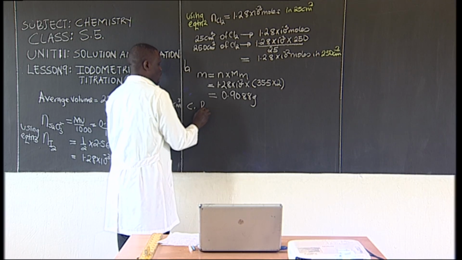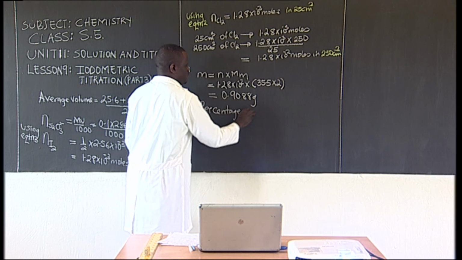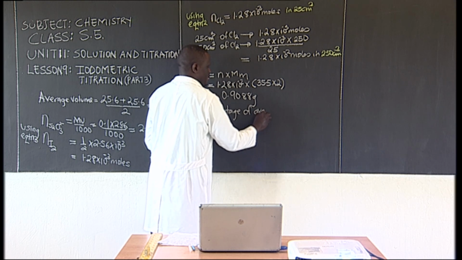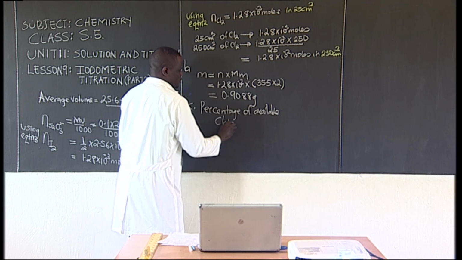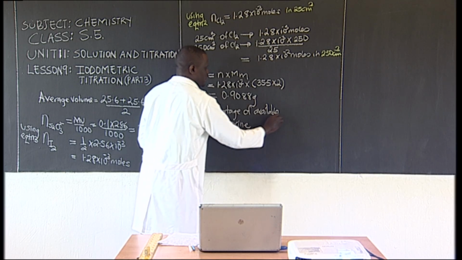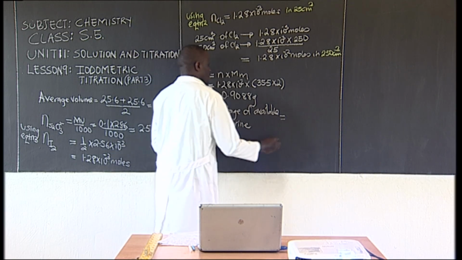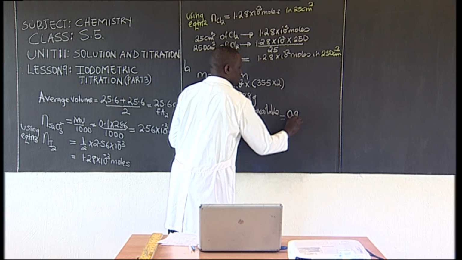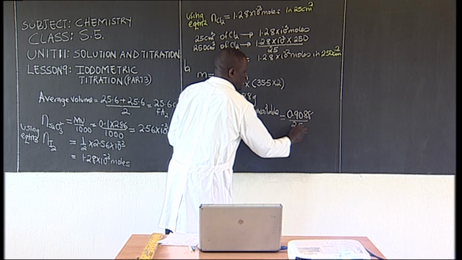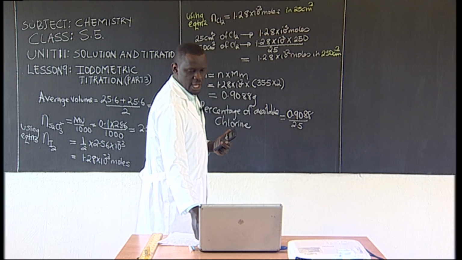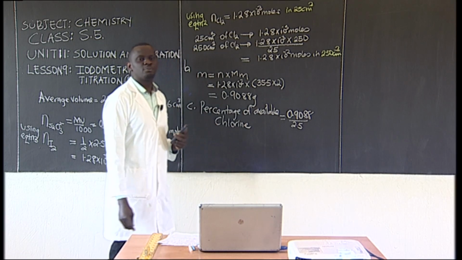So the last part, we calculate the percentage of available chlorine. As we have been calculating percentage purity, we get the pure amount divided by the original, which is 2.5. If you look at the original part of the question, you observe that initially we had 2.5.